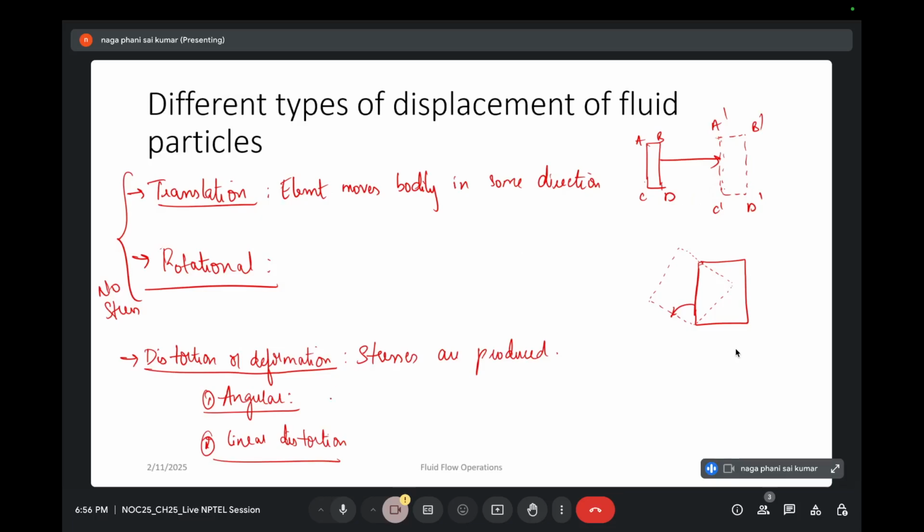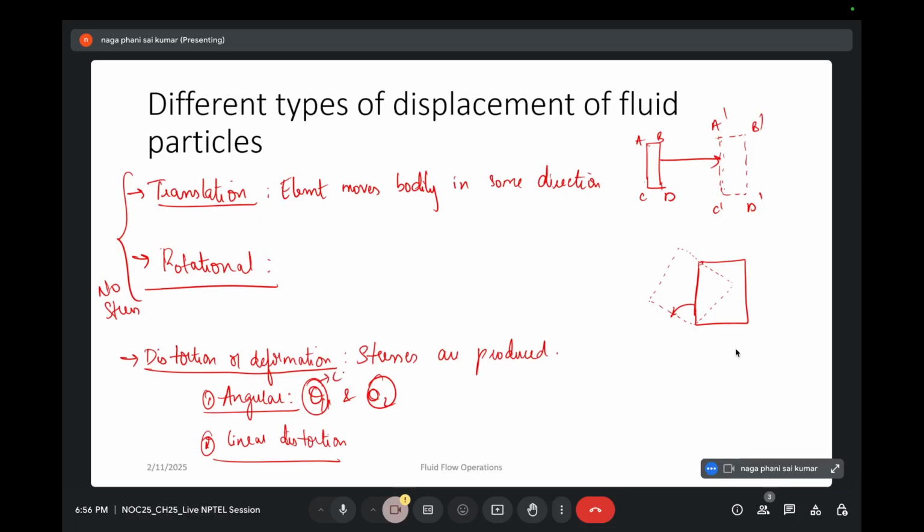In angular distortion, the particle can be moved in two directions: counterclockwise and clockwise. Let's say theta 1 and theta 2 are the angles through which it is rotated. Theta 1 is in the counterclockwise direction, and theta 2 is in the clockwise direction.